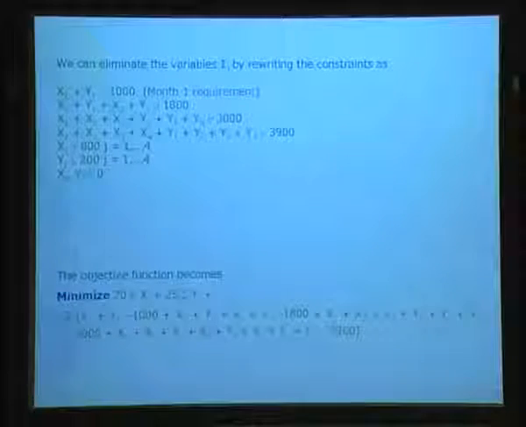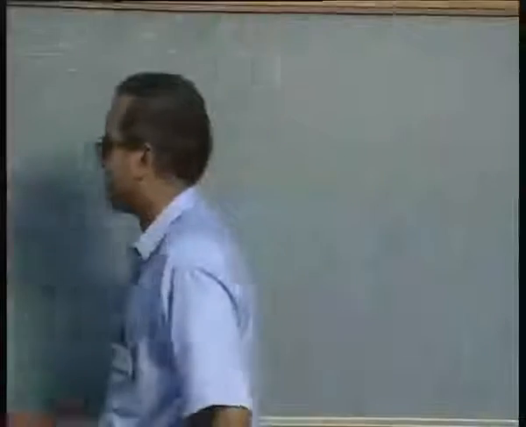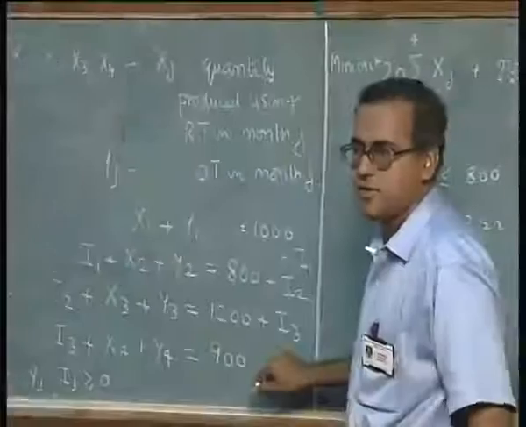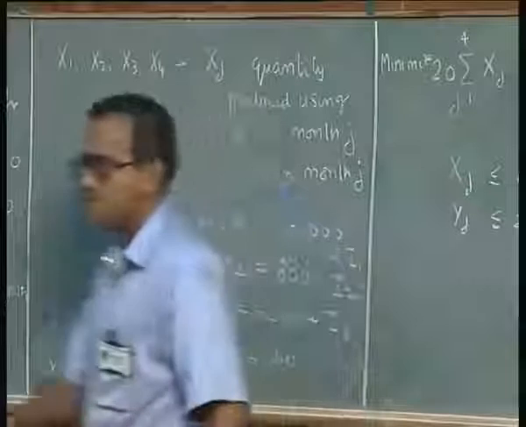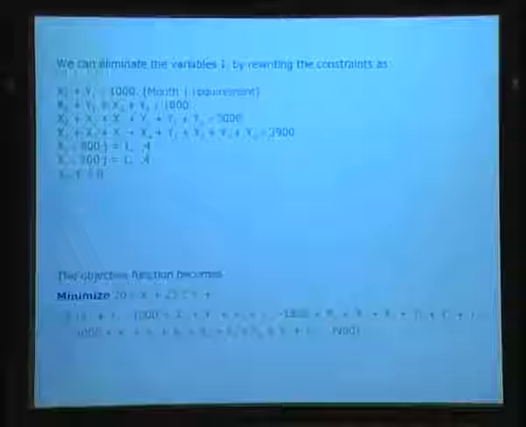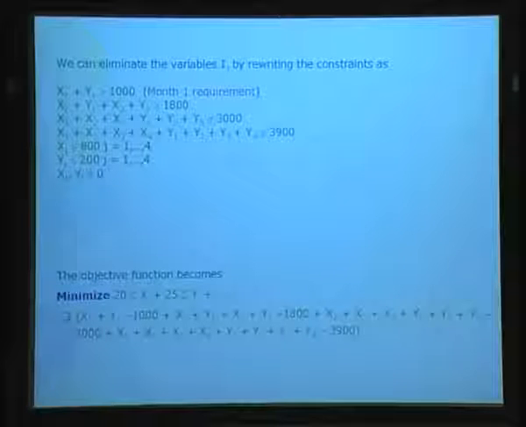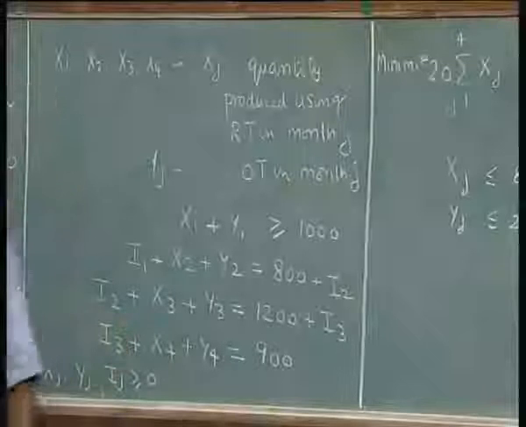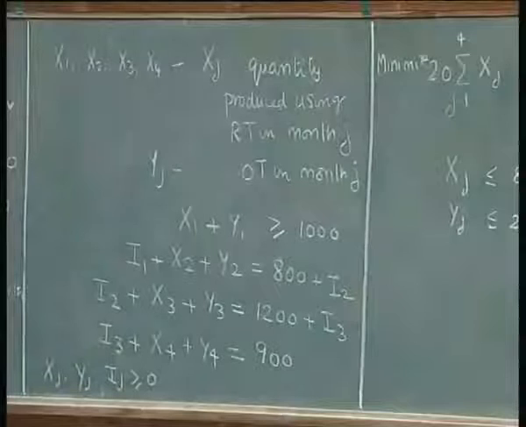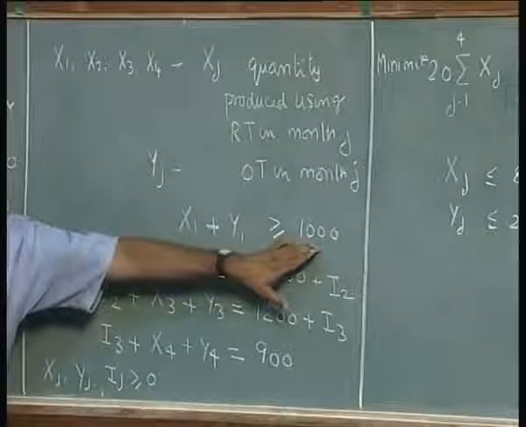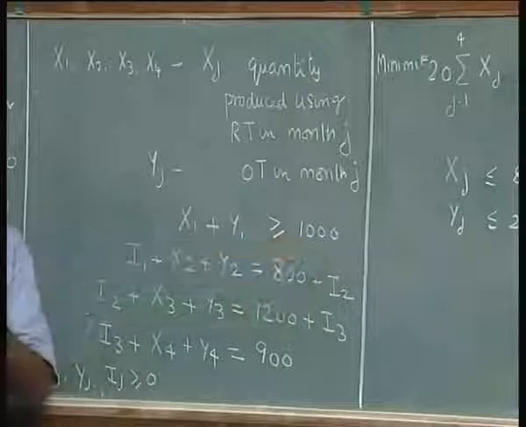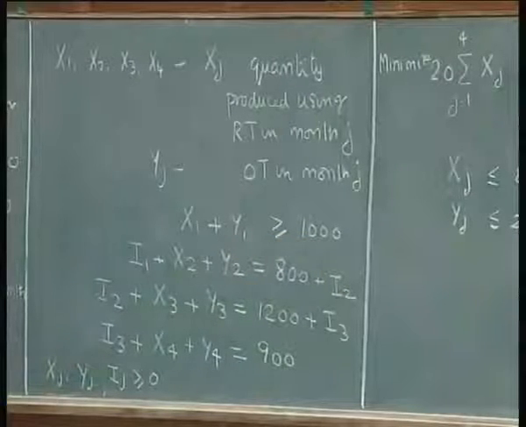The first thing is that we can eliminate I1, I2 and I3, which can easily be done. For example, we can eliminate I1 by saying that x1 plus y1 should be greater than or equal to 1000. Whatever is produced in the first month should be more than or equal to the demand in that month, and if there is an excess, that is carried to the second month.